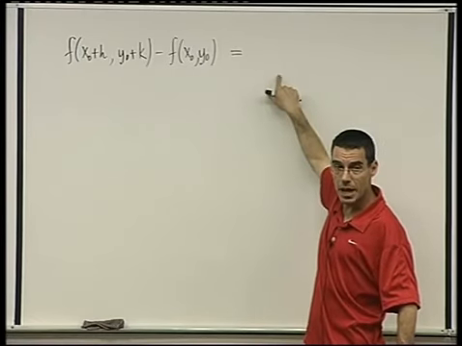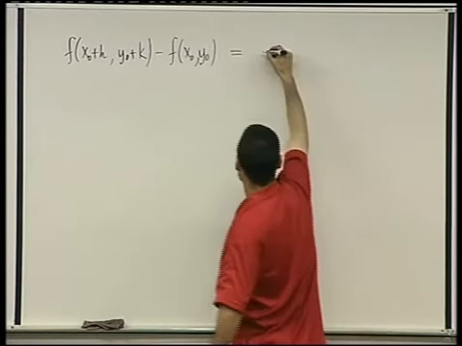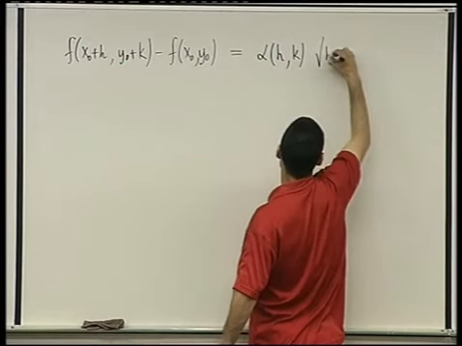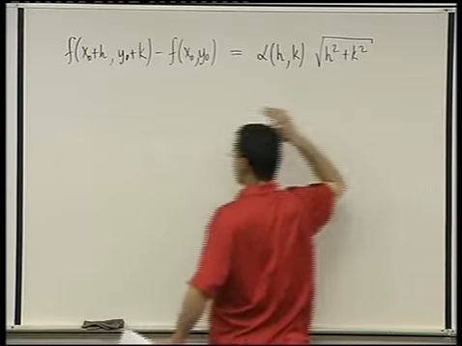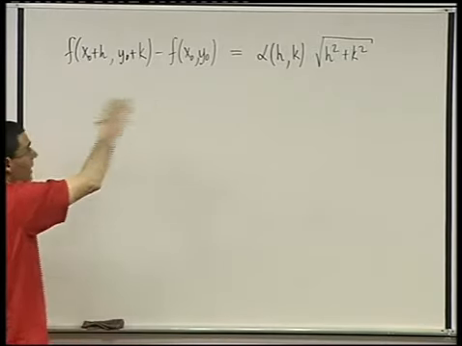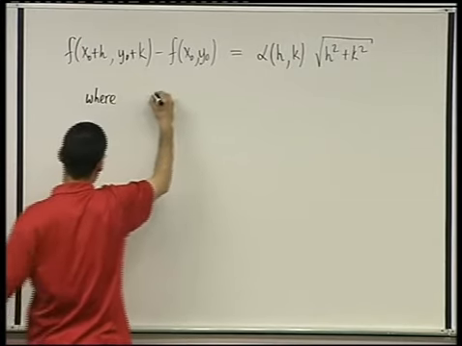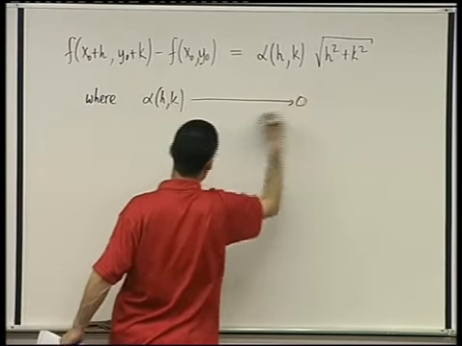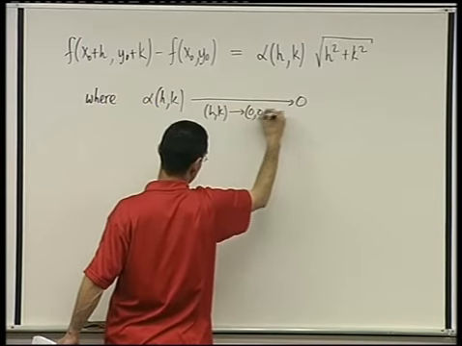B times k, but b is 0, also gone. But then there's the alpha component, alpha of hk times the root of h squared plus k squared. I have to show that this equality holds where alpha of hk tends to 0 as hk goes to 0.